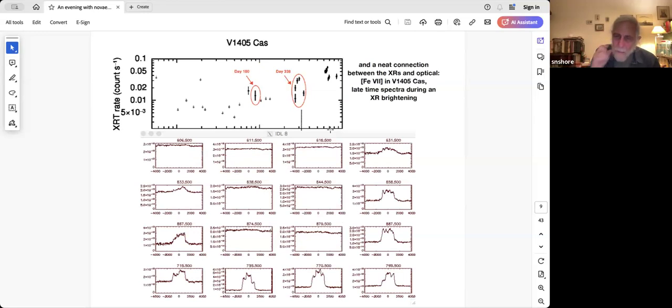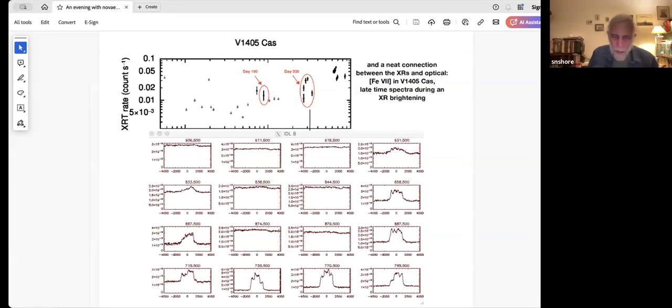This is not yet published observation from a thesis at Pisa by Remo Di Giacomo that is a sequence on the Nova CAS 2021, B1405 CAS. This is about 300 days after outburst. The X-rays are on the top.